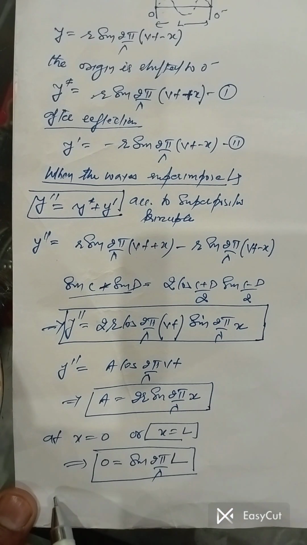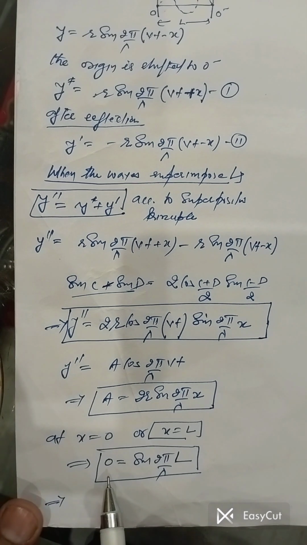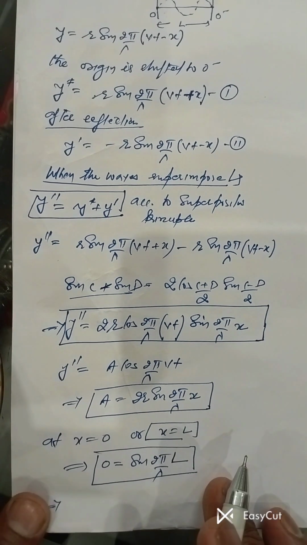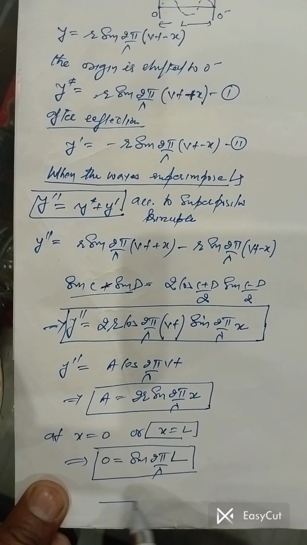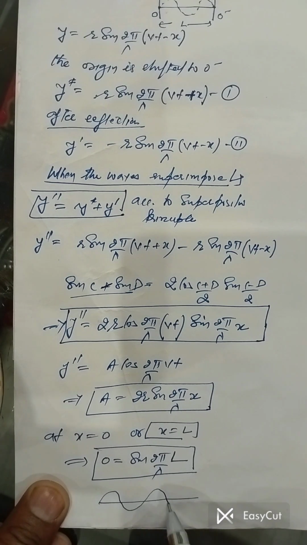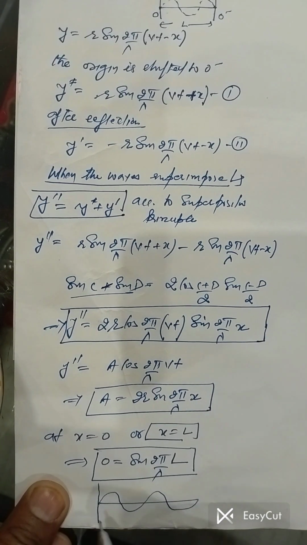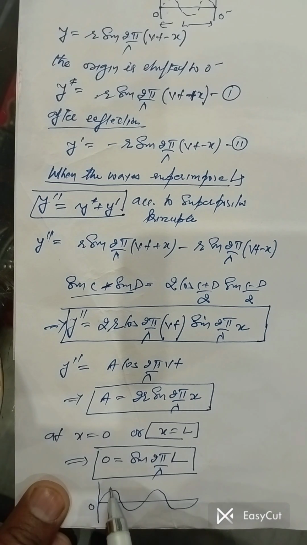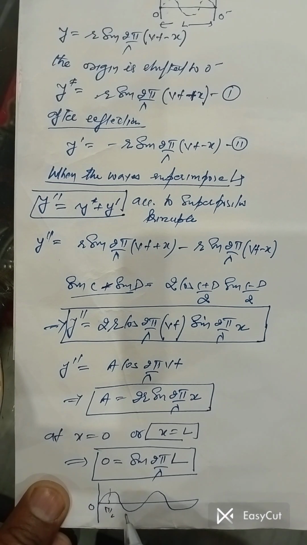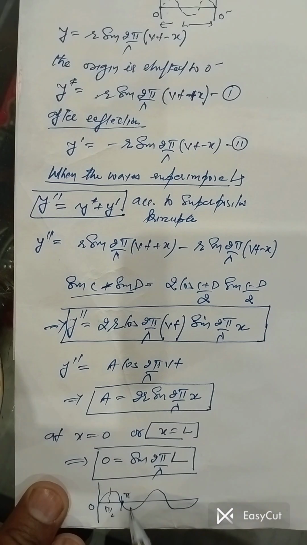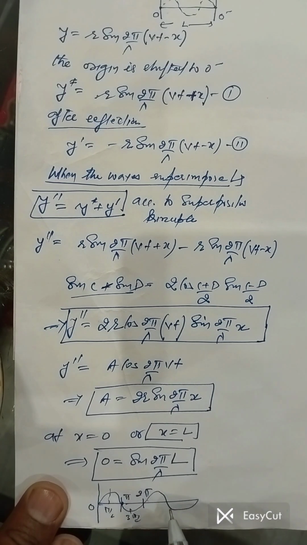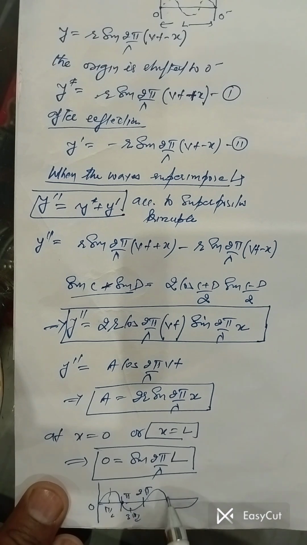So now you must be knowing at what angles the sine is 0. If you draw the sine wave, you must be knowing the sine wave moves like this. This is very important to understand. So at 0, this is pi by 2, this is pi, and you know that at pi it is again equal to 0, 3 pi by 2, and this is 2 pi. So you are finding 0, pi, 2 pi, 3 pi.